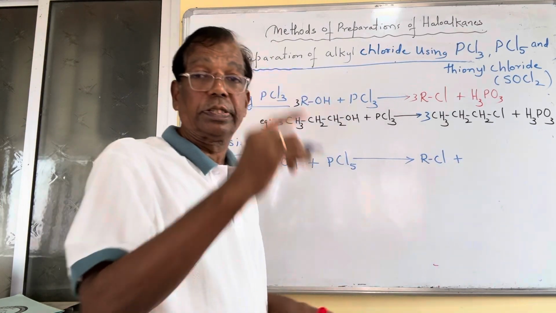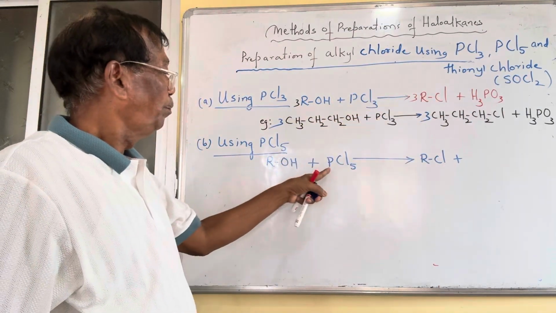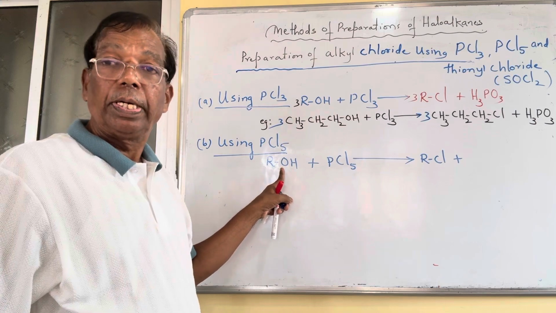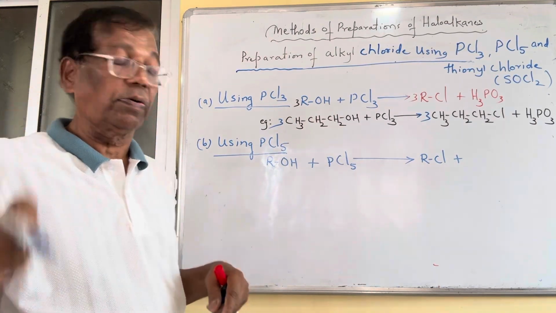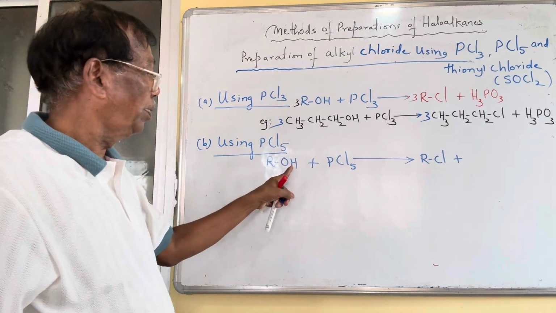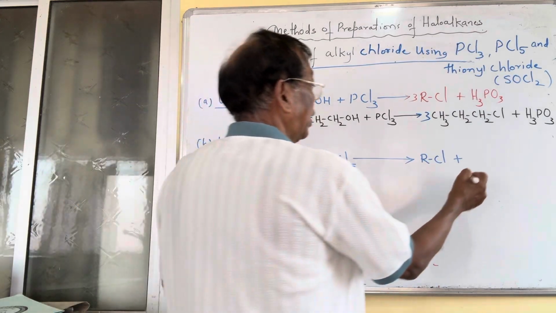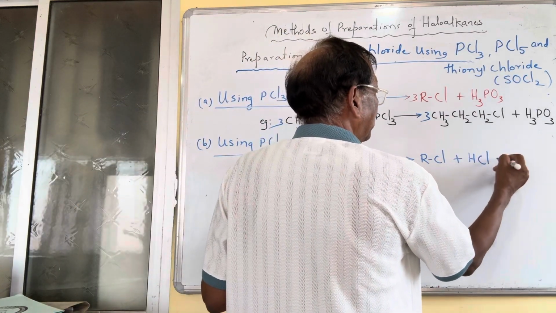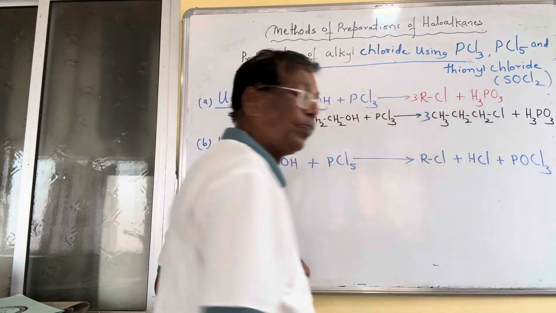Now in this case, it is not H3PO3. Here P with O and Cl will form POCl3, phosphorus oxychloride. And H with Cl will form HCl. Remember, H with Cl forms HCl. So I will write here HCl plus POCl3.